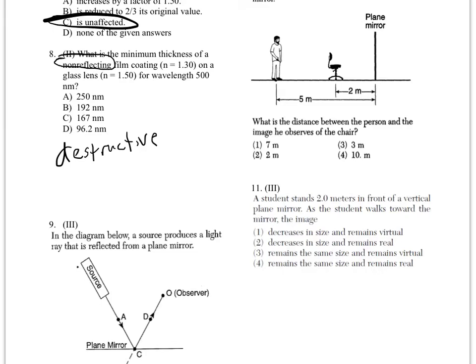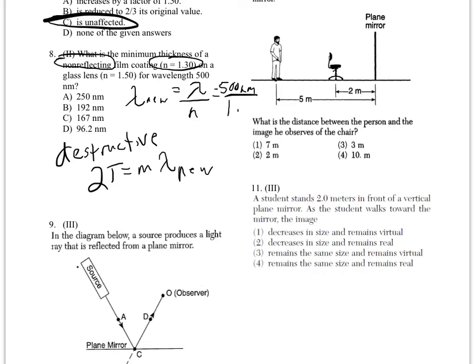Remember for thin film we have the equation 2t equals m lambda. And remember that the lambda is the wavelength in the second or the new medium. So we will have to adjust for that and first find the new lambda. Our lambda new equals the old lambda over the index of refraction, which in this case is 500 nanometers divided by 1.3, which is about 385 nanometers.